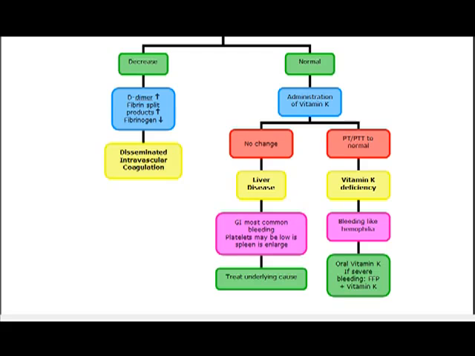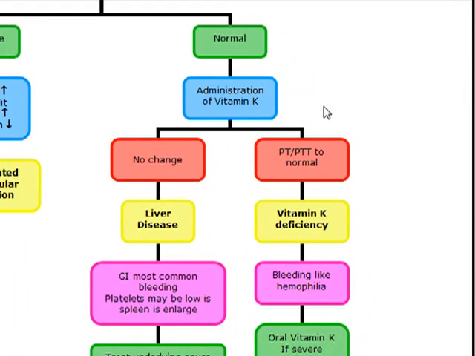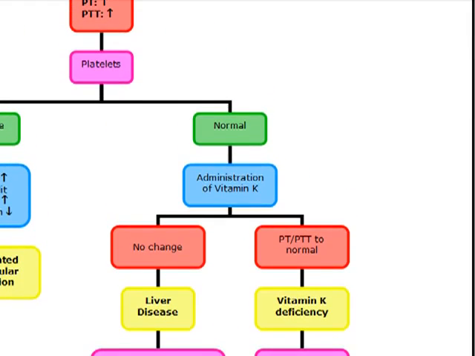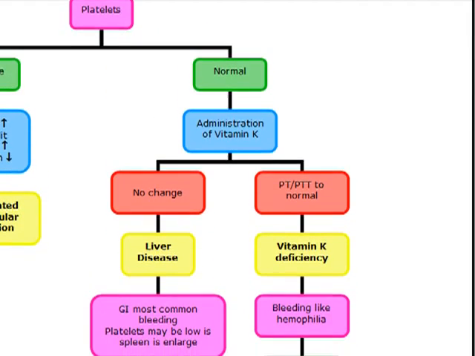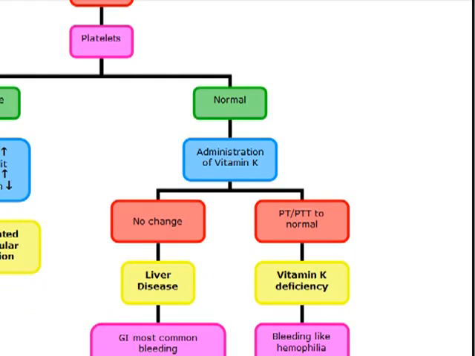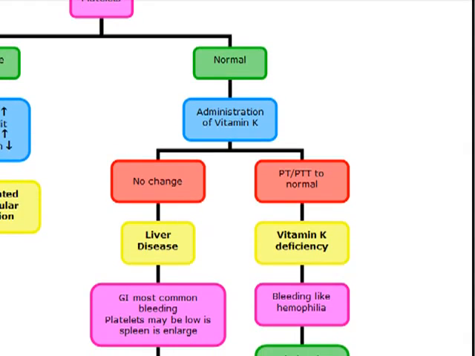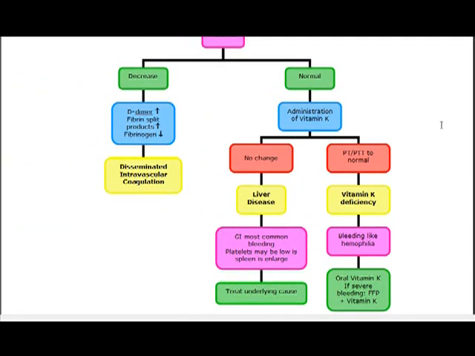So if you have liver problems and you administer vitamin K and you still have an increase in your PT and your PTT, it's going to be liver disease as your cause. There's going to be a decreased production of your clotting factors by the liver, and the bleeding can actually occur at any site.